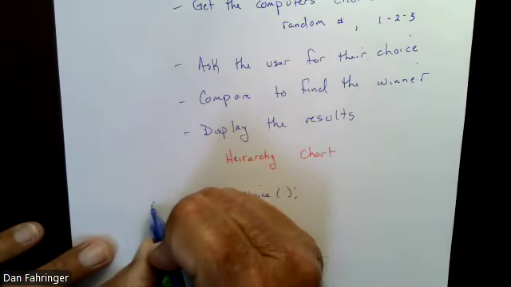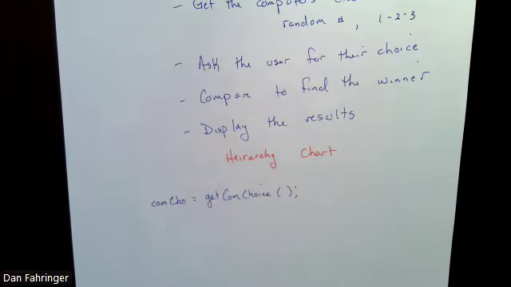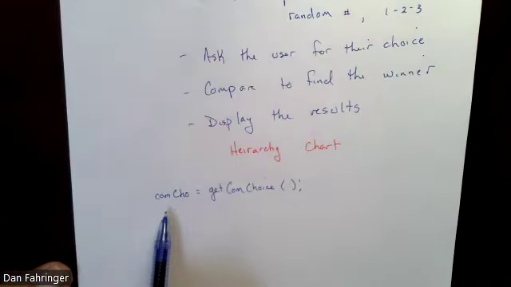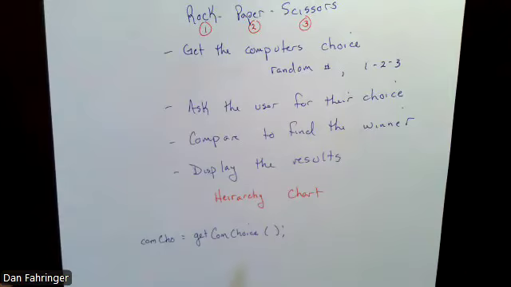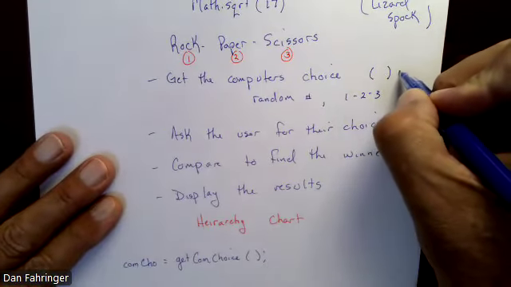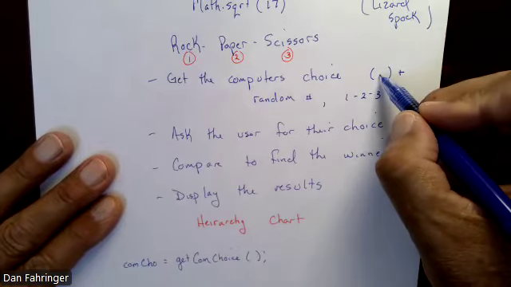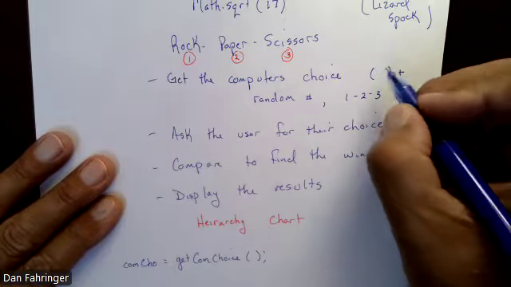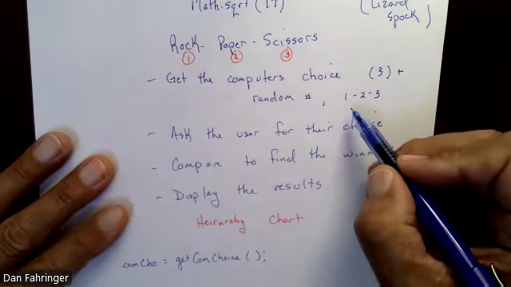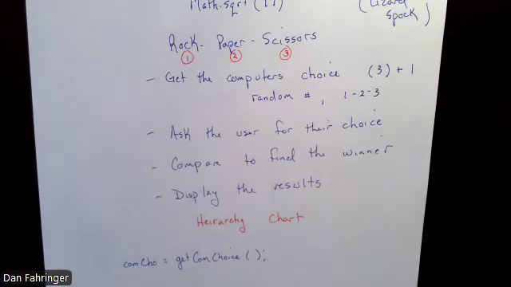And when it comes back, we'll just call it comCho. I don't know, whatever you want to call it. comCho is going to be a number, one, two, or three. That reminds me, when I go up here to get the computer's choice, I'm going to have something in parentheses plus something. How many numbers are there? Three. What's my displacement from zero? One. Excellent. Parenthesis three, and then that plus one on the outside.